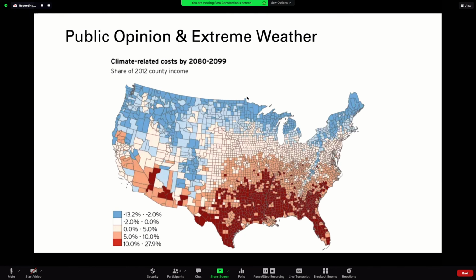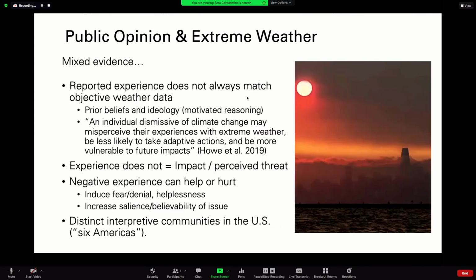And so this is a projection, 2080 to 2099, looking at climate-related costs of extreme weather events in different areas. This has prompted a lot of work on extreme weather, and also on understanding how to encourage people to adapt, even if they don't acknowledge that it's climate change related, in a way that will be protective in the face of increasing extreme weather events.